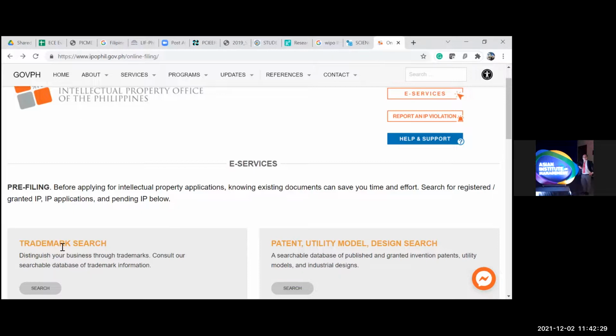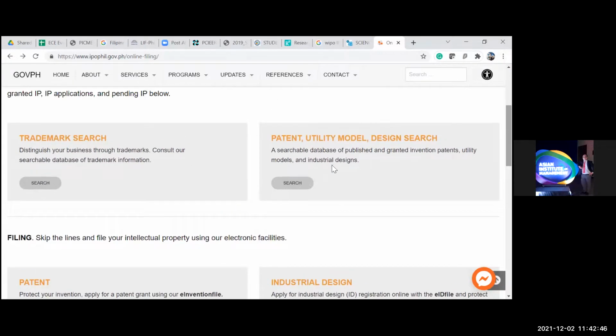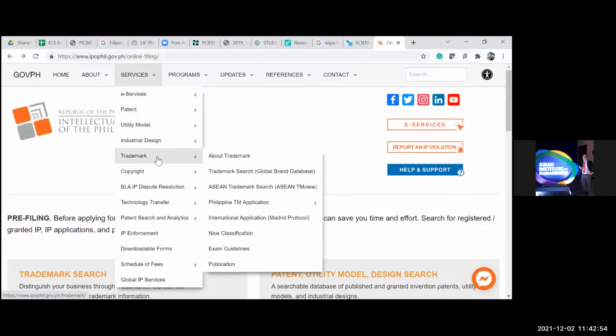It's much more difficult unless you already have an idea. In terms of writing, you have to write it properly, so it's not easy. There is a language that you need to follow. Trademark application is easy. If you want to protect your trademark, you can go to e-services.